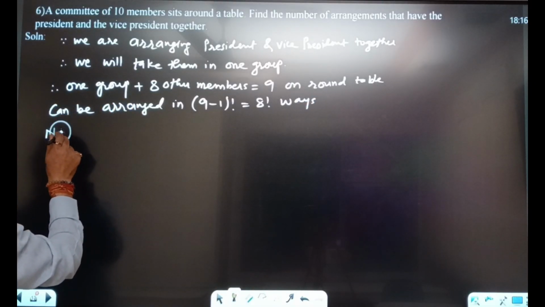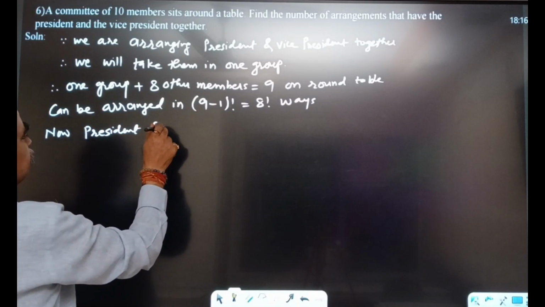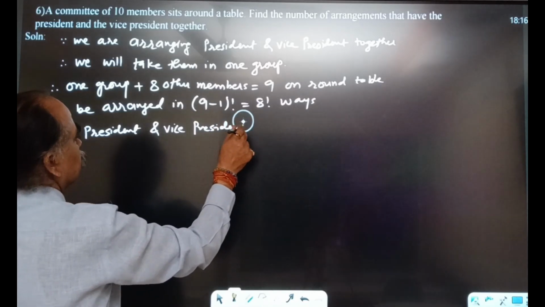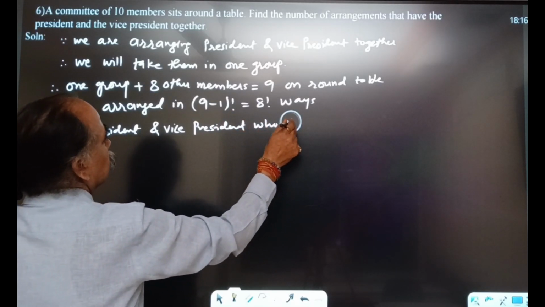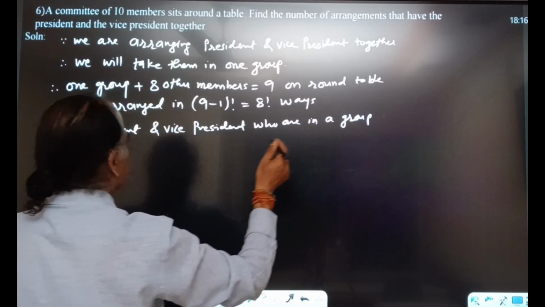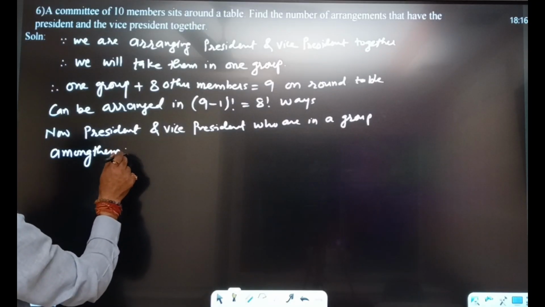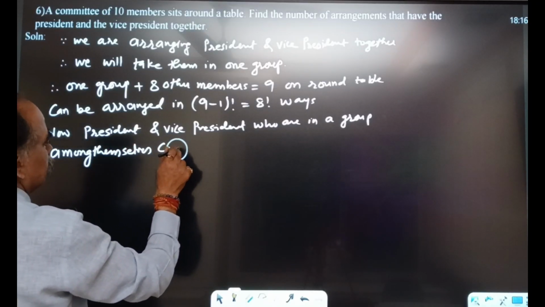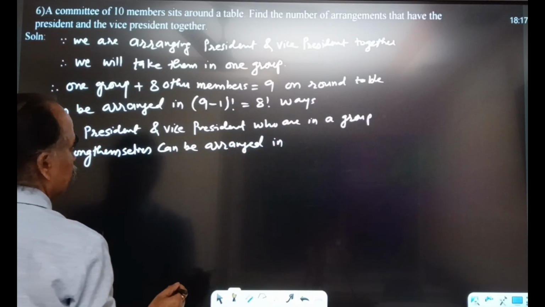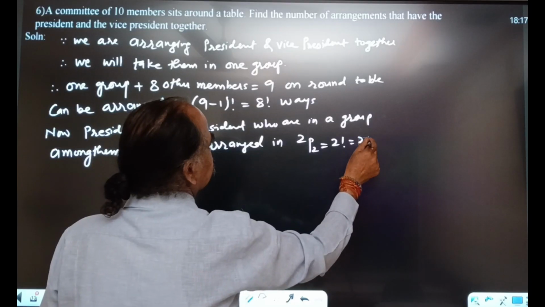Now, the president and vice president who are in a group among themselves can be arranged in 2P2, 2 factorial is equal to 2 ways.